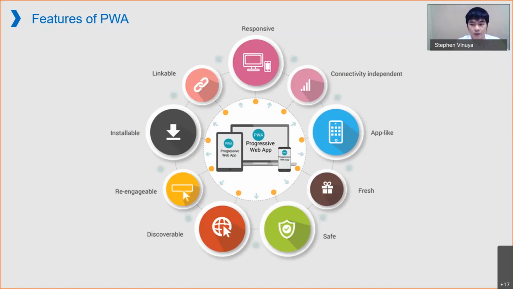Next, it should be responsive, since you're developing a site that can be accessed through mobile and web, so it should be fully responsive. Connectivity independent, meaning that, as I said before, it should work offline, with or without an internet connection once it's loaded. App-like, fresh, safe, discoverable and engageable. Later on, we're going to talk about why it should be safe and why it should be discoverable.